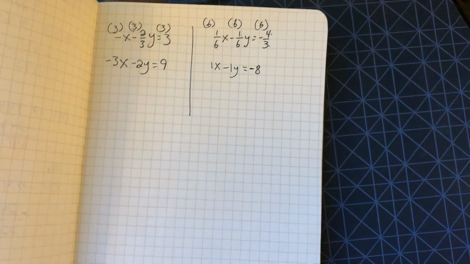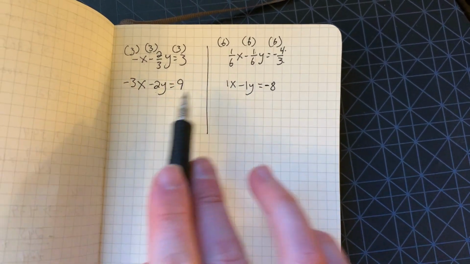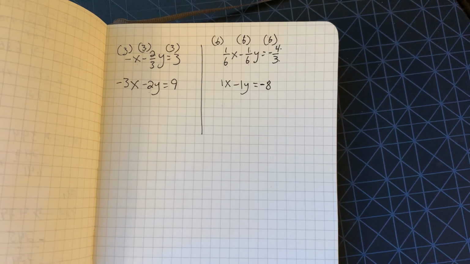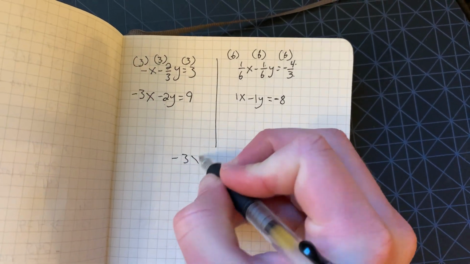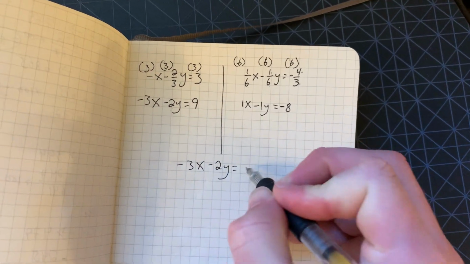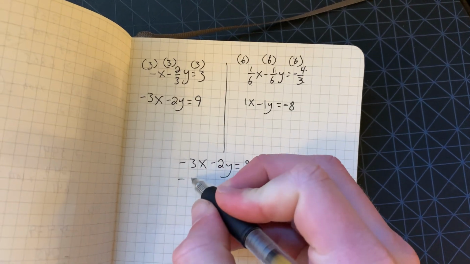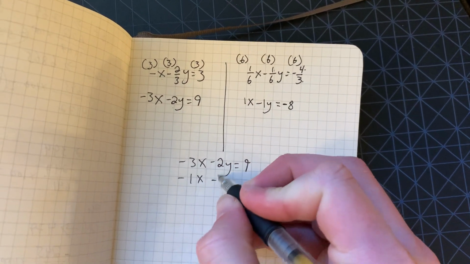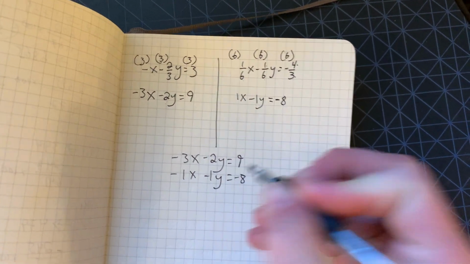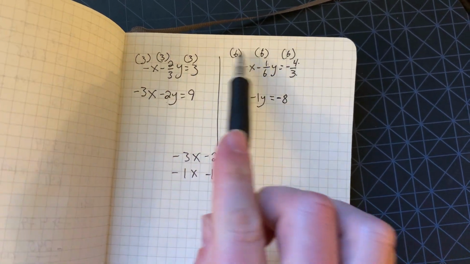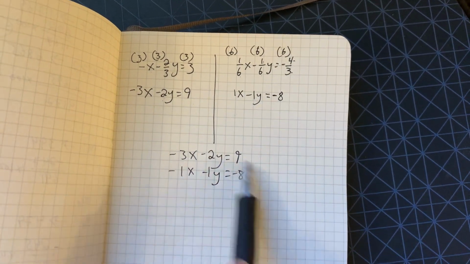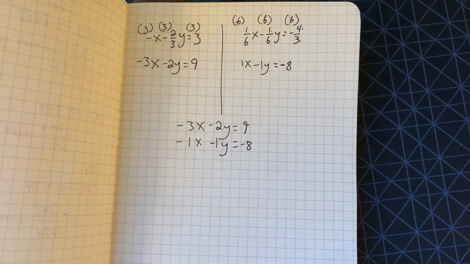And voila. Now we have our two equations, and they don't have fractions anymore. So I'm going to restack them so it looks like our normal systems of equations. Now that we've picked a multiplier and multiplied it out, this looks just like what we've been doing.